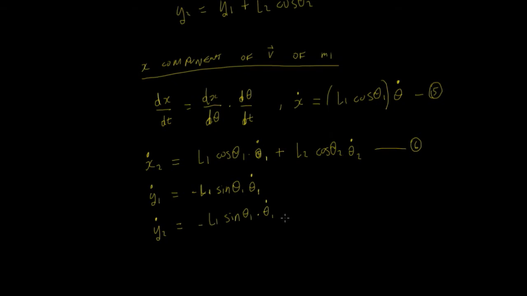Cos theta 2 becomes minus sine, so it's going to be minus L2 as the constant, and we're going to have sine theta 2, and we've got the rest of the differentiation, the d theta by dt, which is theta 2 dot.